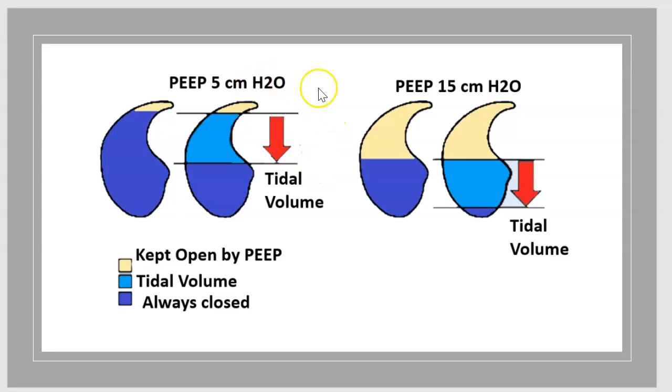Two values to illustrate the PEEP: a PEEP of 5 centimeters of water and a PEEP of 15 centimeters of water. The tidal volume is the same for here and here, but there is an increased surface of exchange in this area compared to this other.